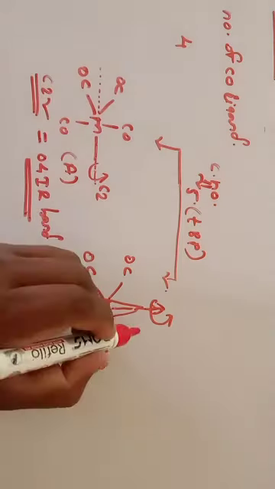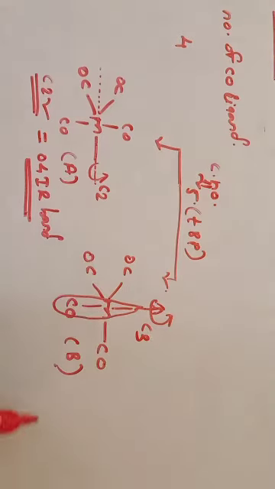The principal axis is the C3 axis, but the perpendicular C2 is absent in this case, and therefore the point group of this structure is C3V.